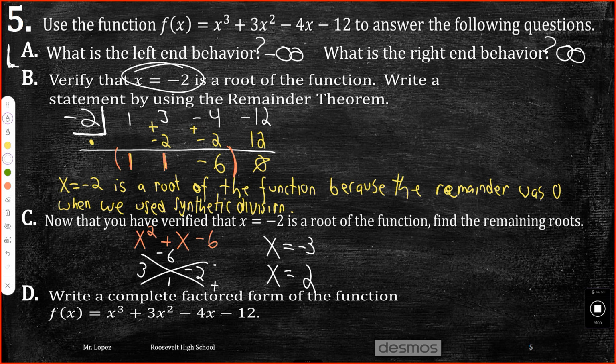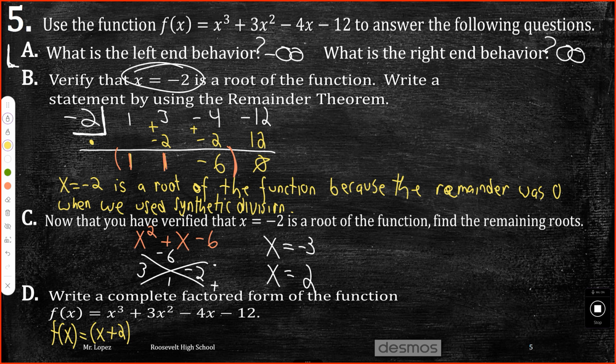So it says now to write the complete factored form of this function. What would be the complete factored form? Well, it's going to be f of x equals, one of them, moving this over, x plus 2. The other factors come from here.